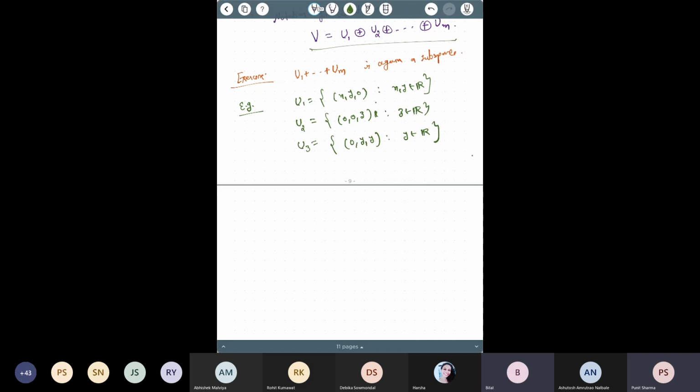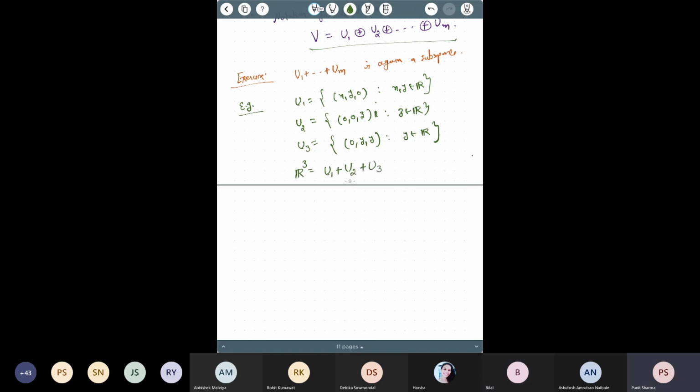Yes, sir, they are subspaces of R3. Now, what would be the sum of U1, U2, and U3? R3, sir. Yeah, R cube. So you are saying that R3 is equal to U1 plus U2 plus U3.